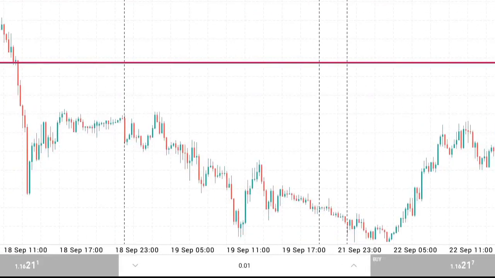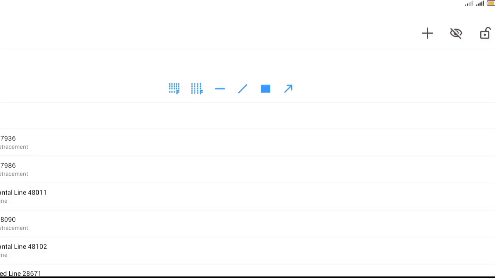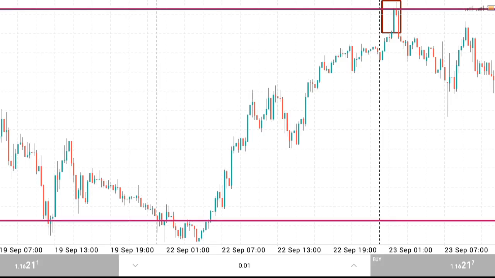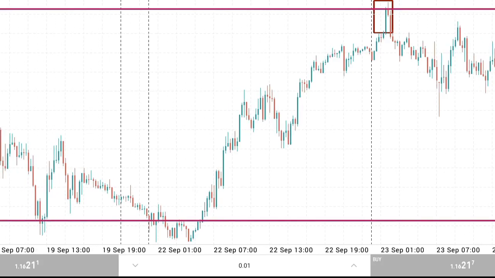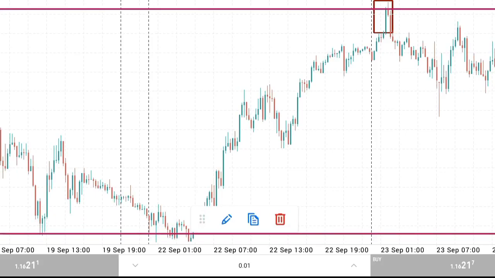Now that we have understood this, look at this particular place also. We can also draw this as our area of support. Now you can see that support is actually different. Support is down, resistance is up.